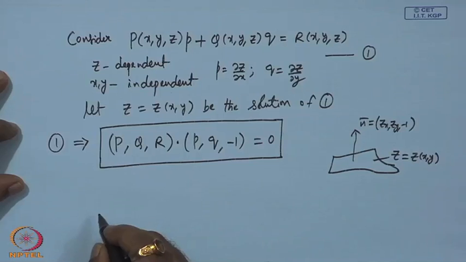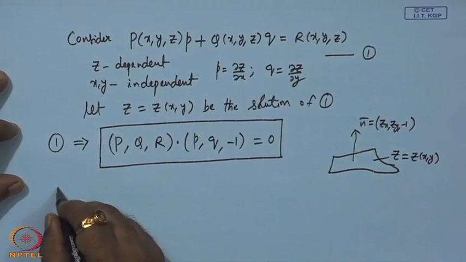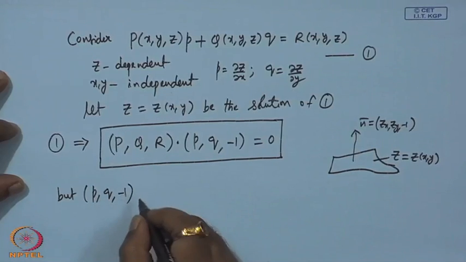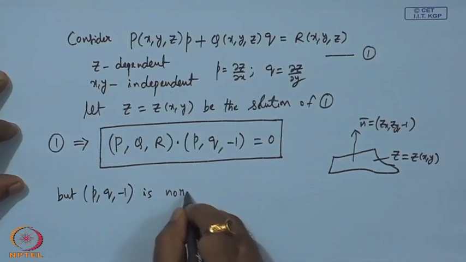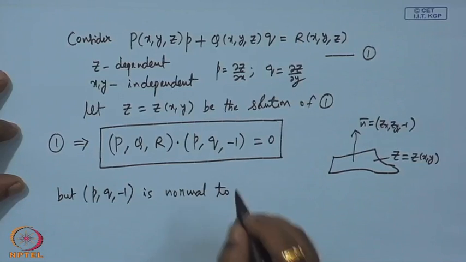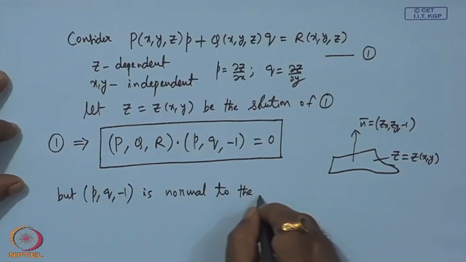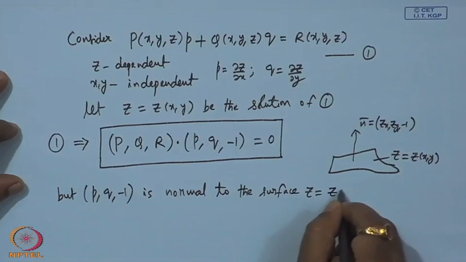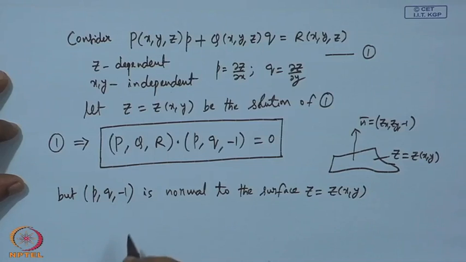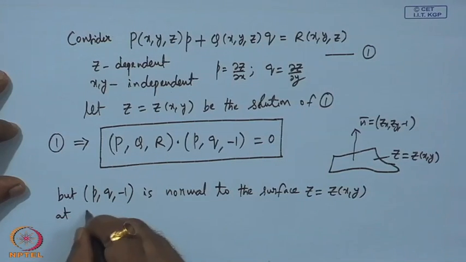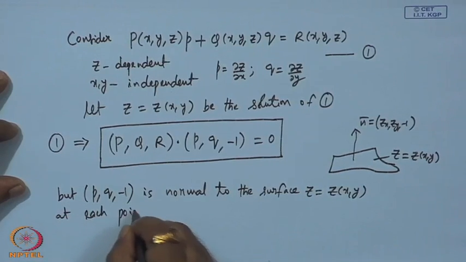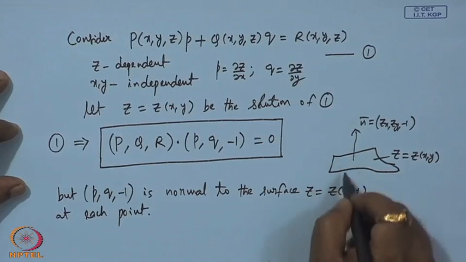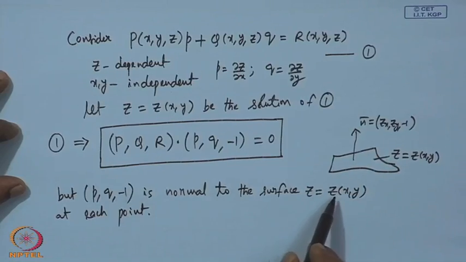Therefore, (p, q, minus 1) is normal to the surface z at each point. So, this is normal at each point.